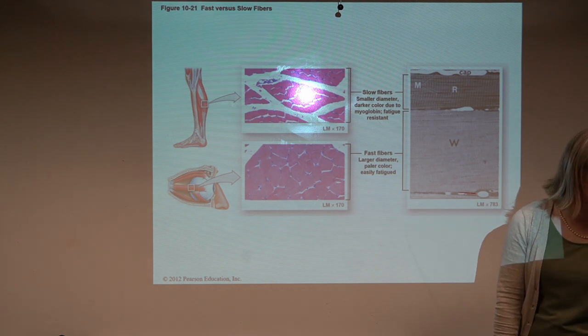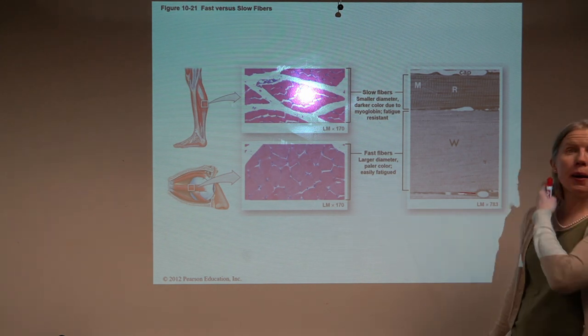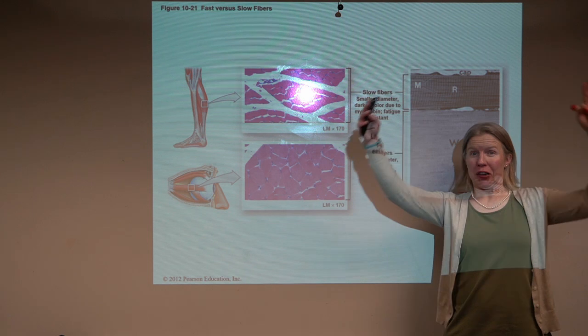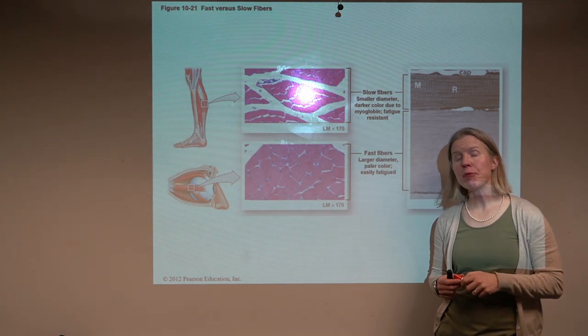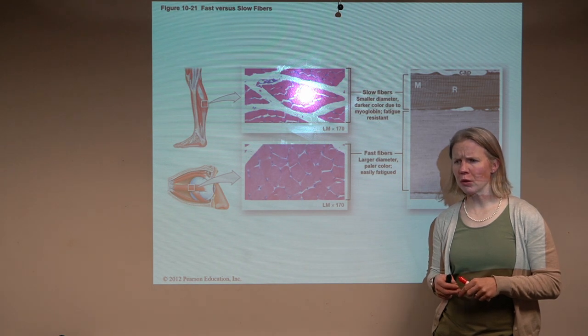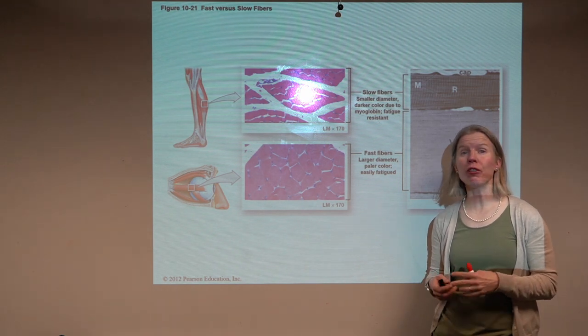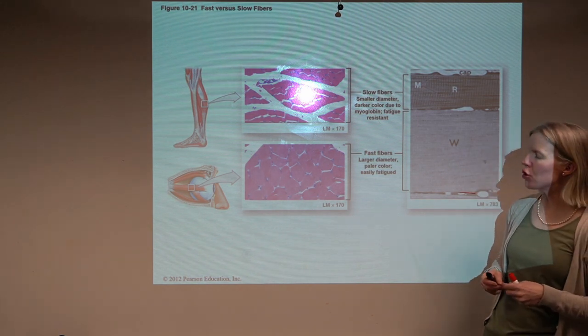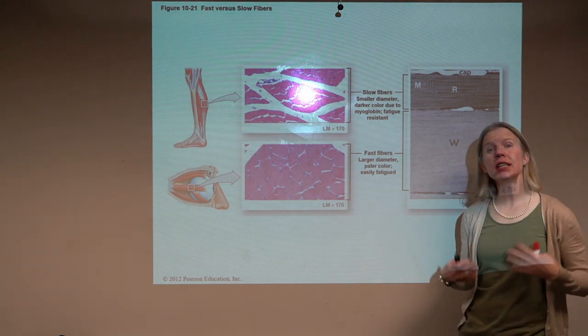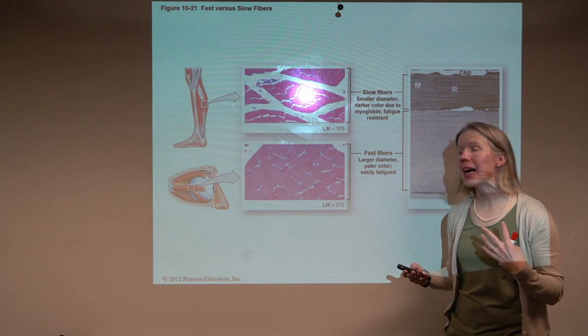Okay. Muscle fiber types. Now, the big picture on muscle fiber types is that in different regions of the body, you actually have muscle that behaves very differently. Some of it is actually much more resistant to fatigue. It uses much more aerobic metabolism.